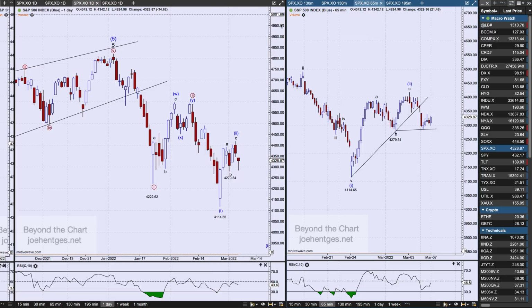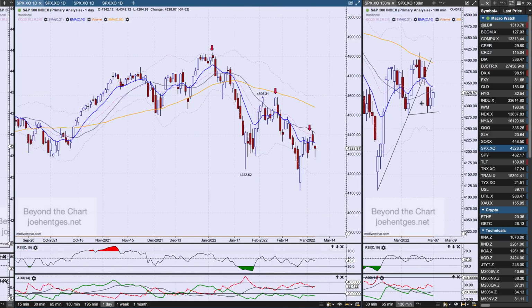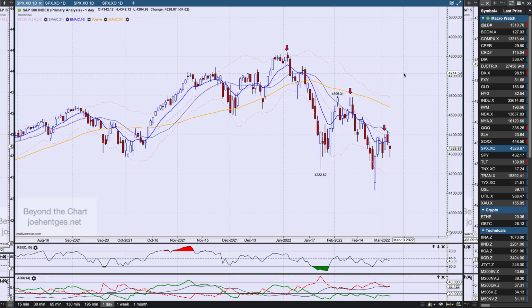But with the S&P and the Elliott wave picture, what I want to show you is this. See the markers here? Let me make this a daily, just so you can see the daily chart by itself. Okay, so what am I marking here? This is January 4th. This is February 9th. And this is Wednesday, March 2nd. Now, the interesting thing is what I noticed when I was talking to my members in the middle of the week, on Wednesday specifically.